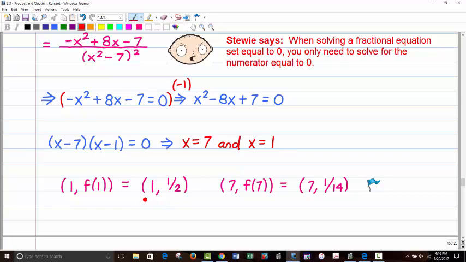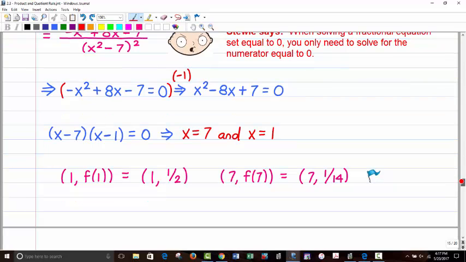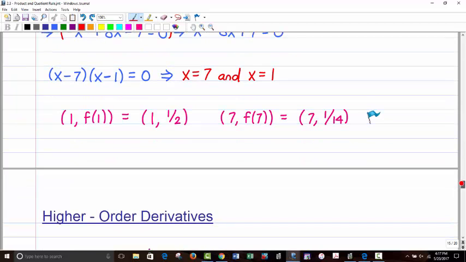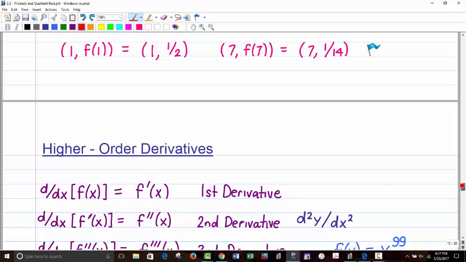But if it wants the actual points, then you're looking for these two right here. You just plug them back in there to get the y value. And that's it. It's just whatever it's asking you in the problem. If you're trying to get the point, you just have to take that one extra step of plugging your x into the original function.